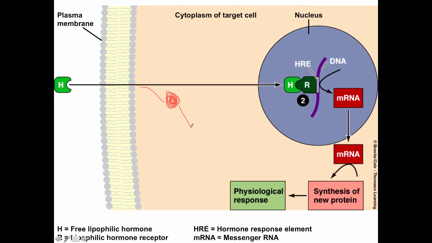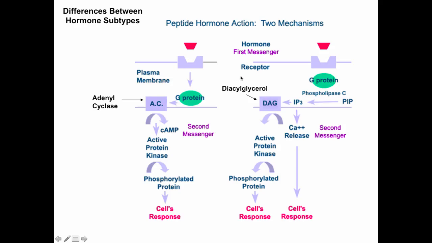So lipid hormones tend to have both nuclear receptors and also cytoplasmic receptors. But the cytoplasmic receptors are not going to control gene expression. They're going to do some of the same things that the second messenger systems in the previous slide did. Phosphorylate proteins, right? Increase intracellular calcium, that sort of thing.